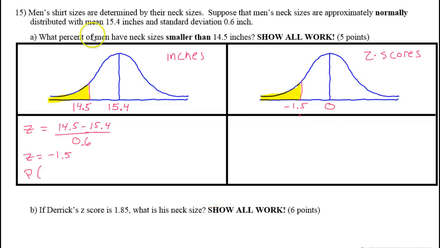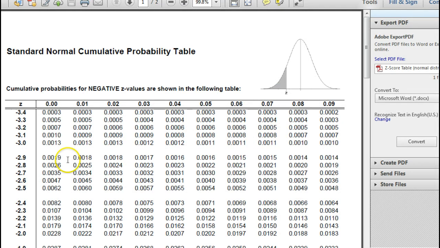Oh wait, first you need to write this down. We want the percentage of z-scores less than this, right? So I'm going to write z less than negative 1.5. You have to use your notation. So now let's go find it. We need to find negative 1.5 here on the left.